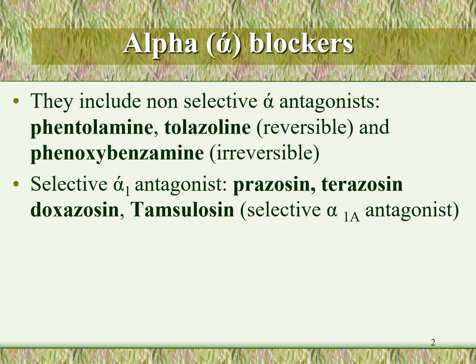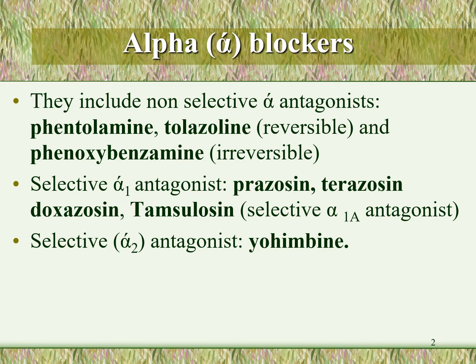This type of receptor, alpha 1A, occurs on the prostate gland, so this drug is very selective to treat prostate hypertrophy or prostate congestion in male patients.